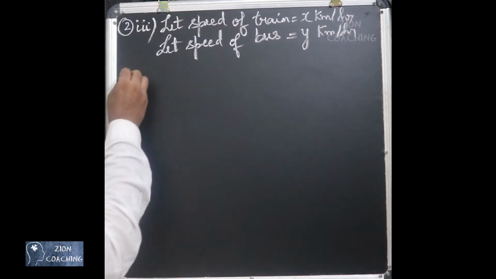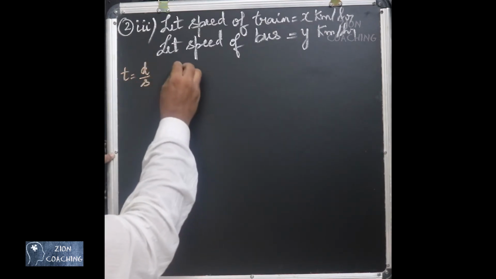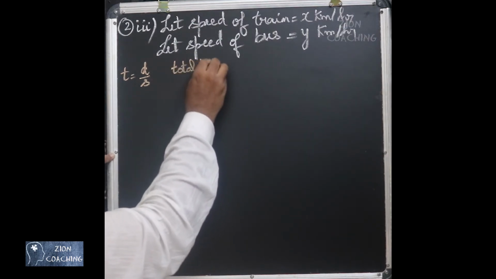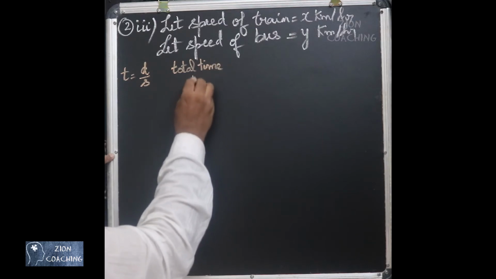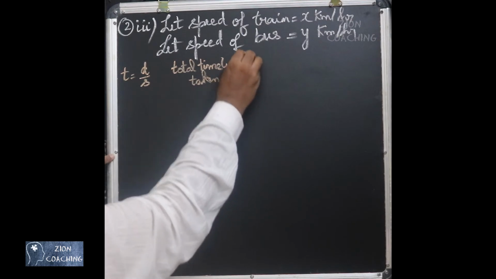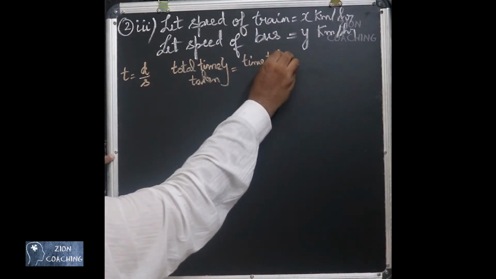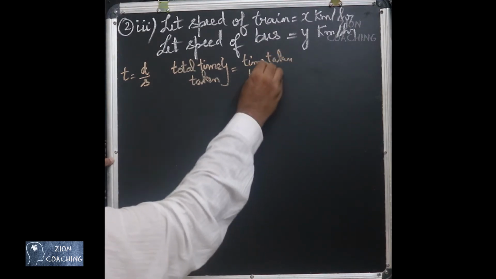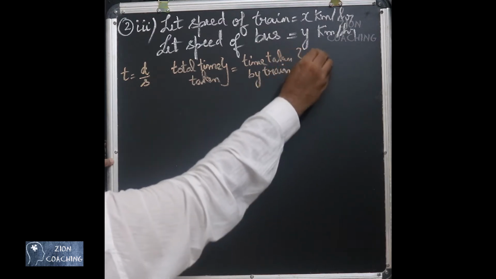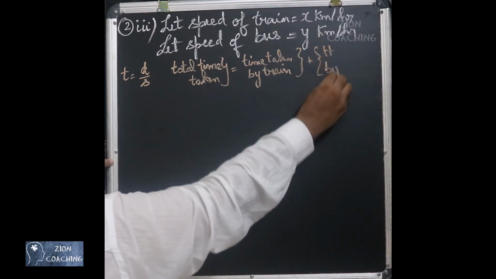Now you know that time taken is equal to distance by speed. Now total time taken is equal to time taken by train plus time taken by bus.